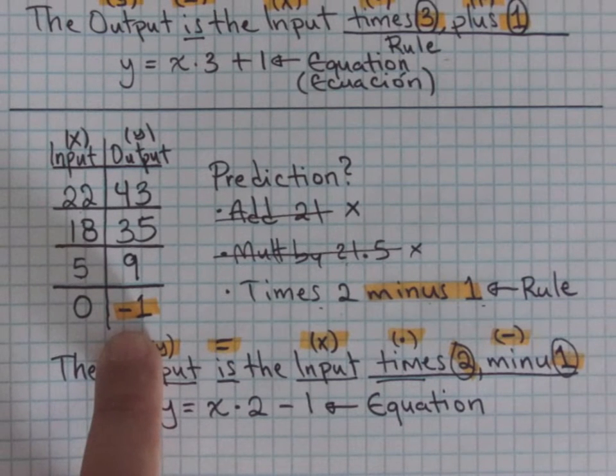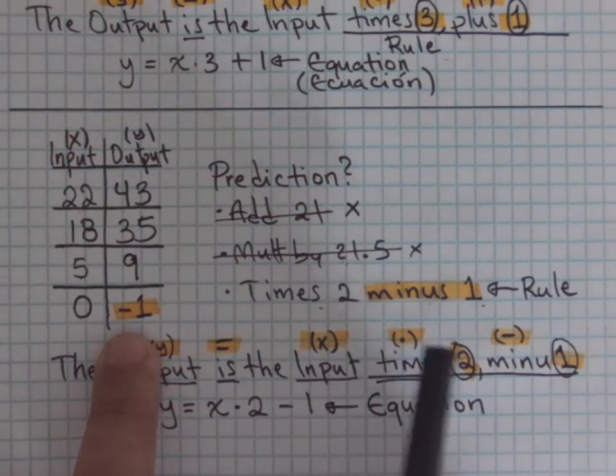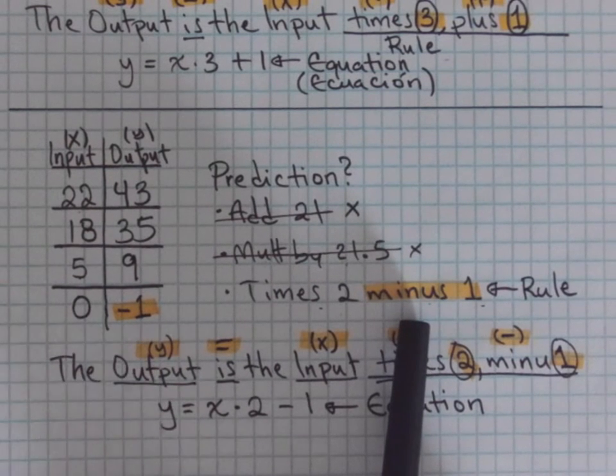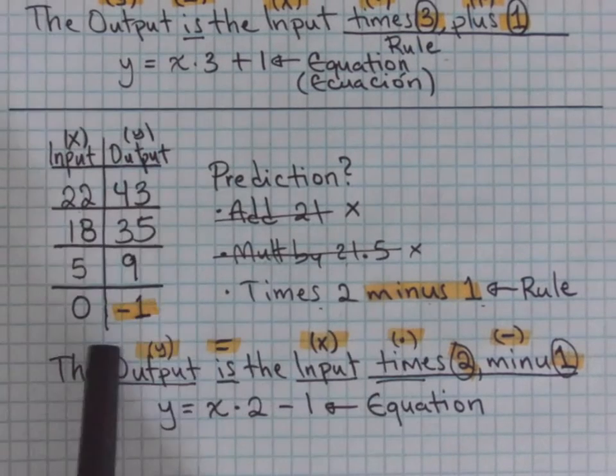We get used to seeing numbers a certain way. So if all the numbers I've chosen are positive, we expect that to be positive. But I want you to be flexible. If I use this language, minus, then it turns out that the word minus is related to the negative number.